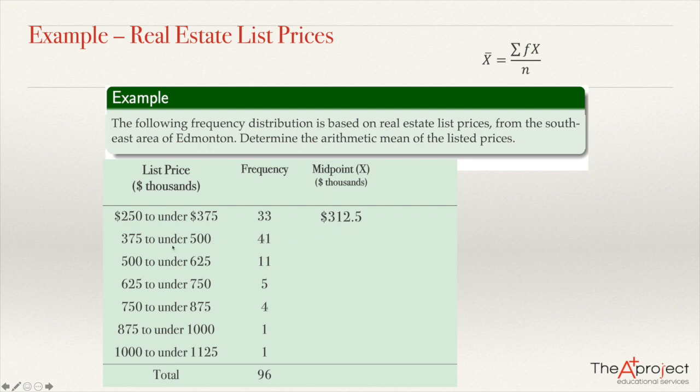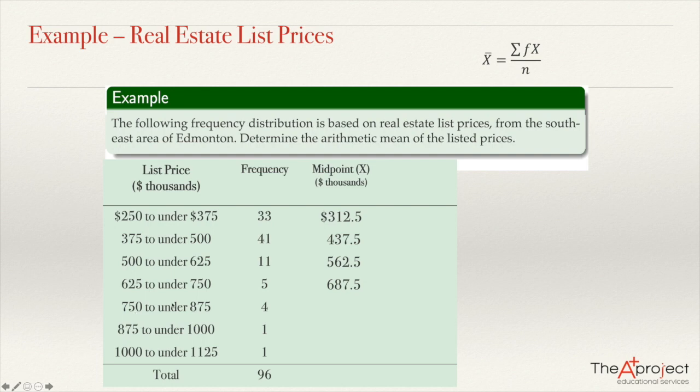Let's do the same with the next one. 375 plus 500, 875, divided by 2, 437.5. 500 plus 625 is 1,125, divided by 2, I get 562.5. 625 plus 750 divided by 2, 687.5.